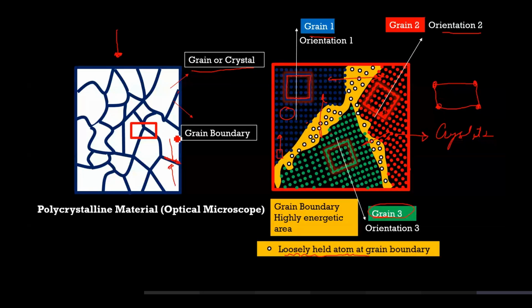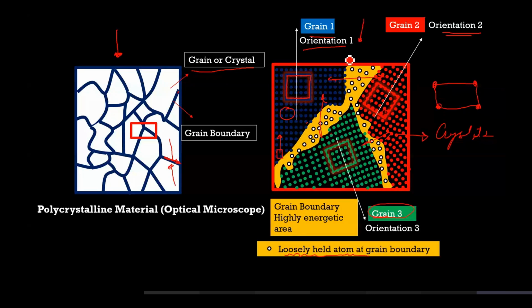All right. So from the point of view of X-ray diffraction, you need to understand that a polycrystalline material would have different orientations, and orientation is just a direction. So be mindful of the word orientation or direction within a polycrystalline material.